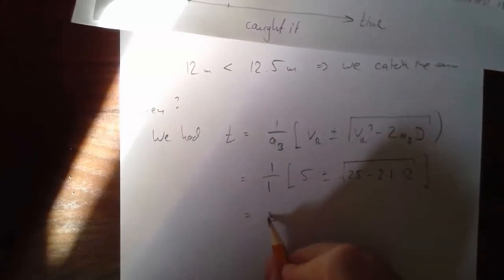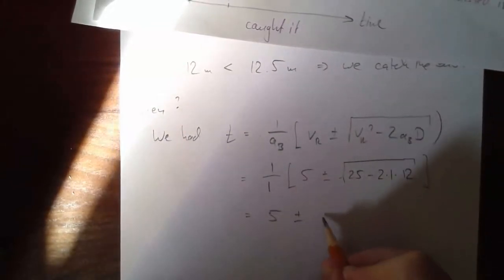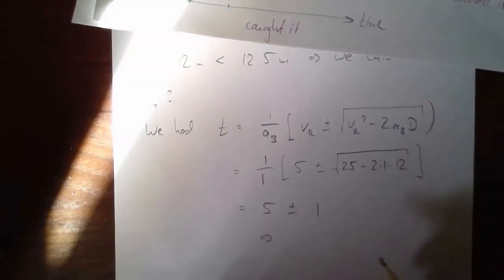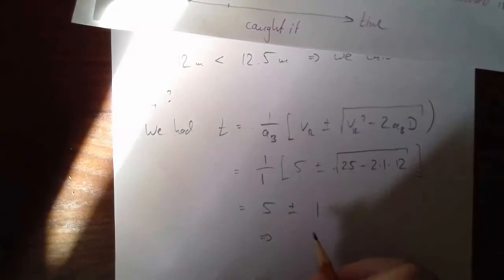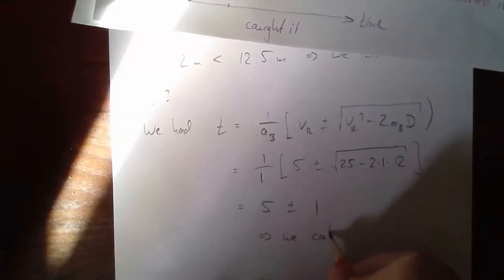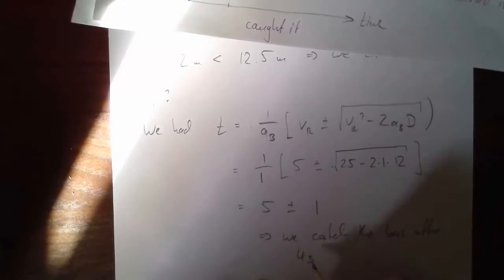I have to get 5 plus or minus 1. So that means we catch the bus after 4 seconds, 5 minus 1, and again after 6 seconds, 5 plus 1.